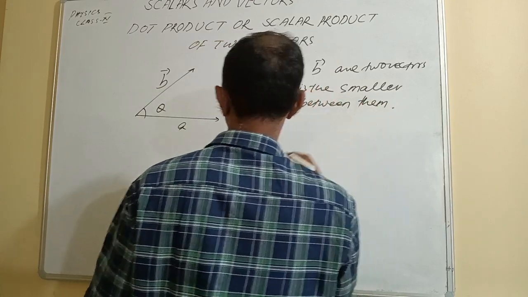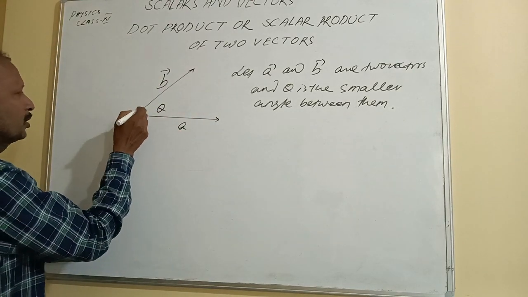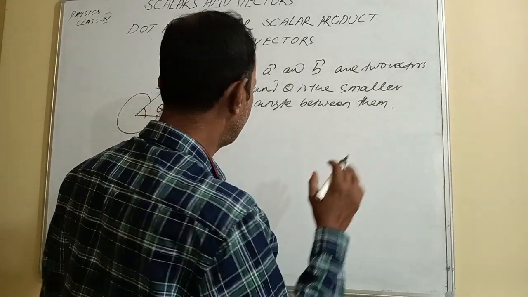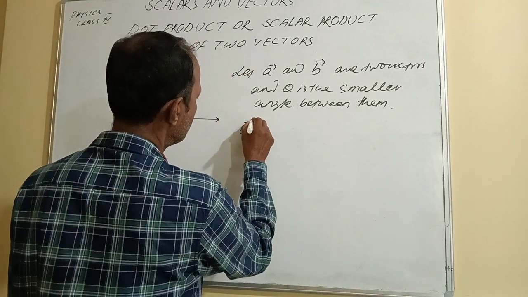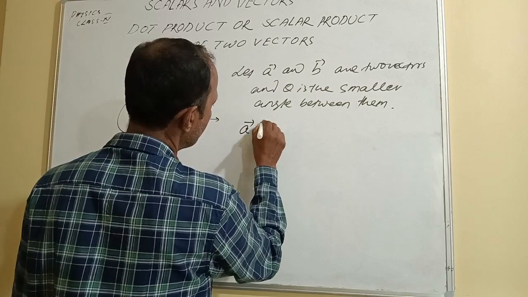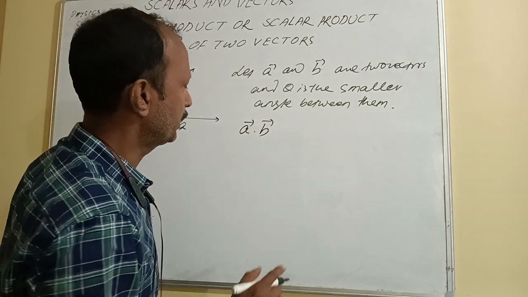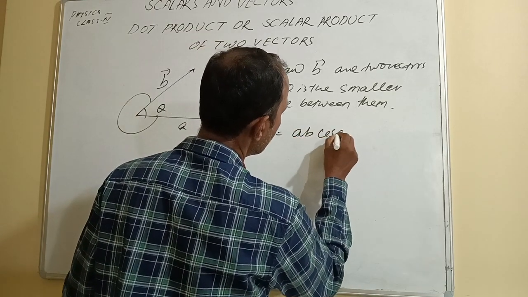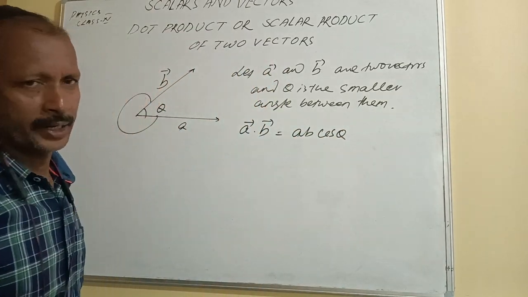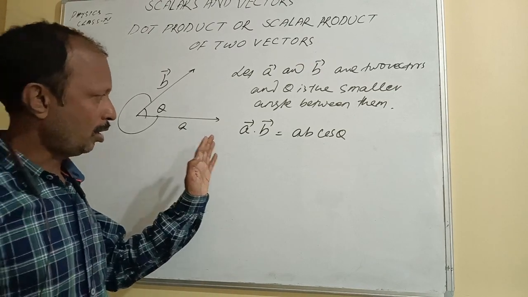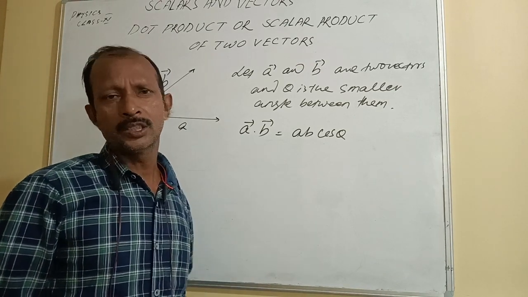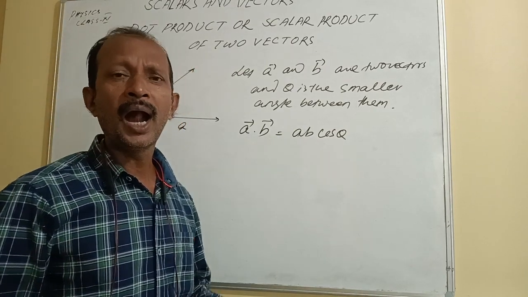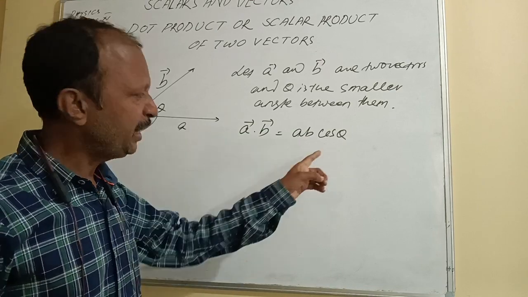This is the smaller angle, because except that one more angle is also here, but I am taking the smaller angle. Then how shall I write the dot product? So A vector dot B vector, I can write this is AB cos theta. So I can say that the dot product of two vectors is the product of their magnitudes and the cosine of the angle between the two vectors.